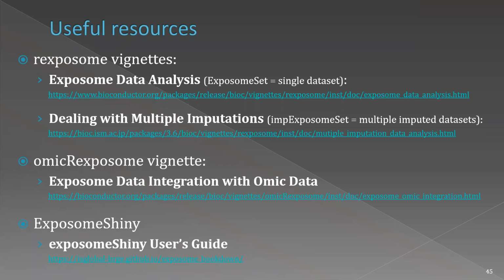So yeah, but in this package, do you have different options for multiple testing correction, or only this one? I think it's only this one, but the rexposome is still developing. Yeah.